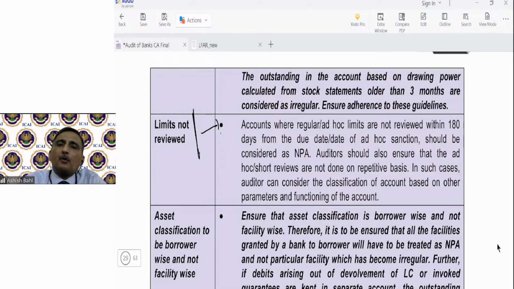So should the auditor proceed to classify that account as NPA merely because renewal has not been done? No, he won't be doing so. He would be doing so only in those cases where renewal has not been done for more than 180 days, for more than 6 months. Is that clear?